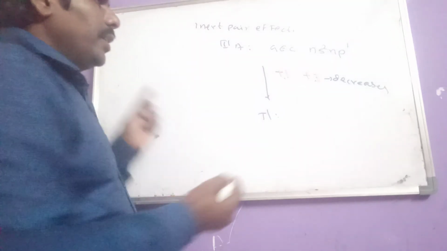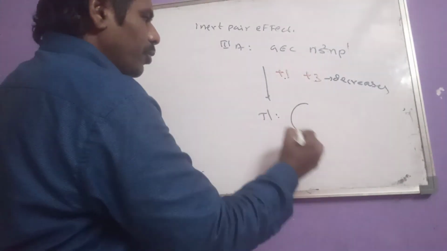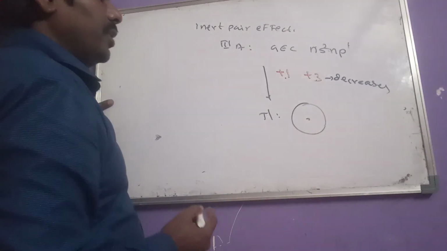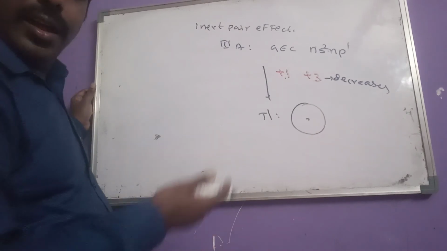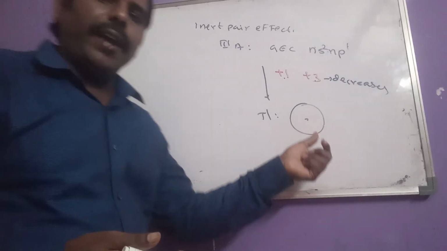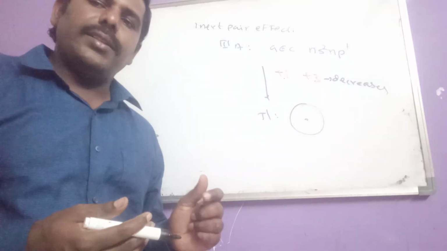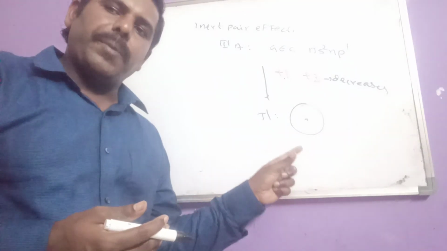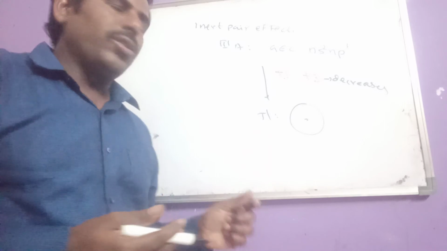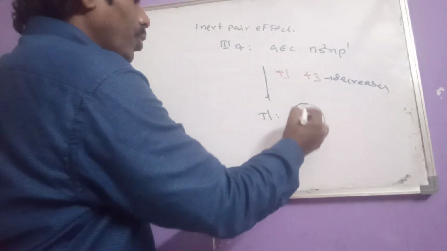So here, due to the high nuclear charge, thallium, as it is the last element, has more number of protons in its nucleus. More protons are present in its nucleus. So nuclear charge is more.